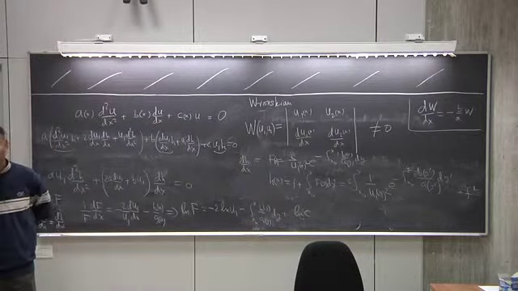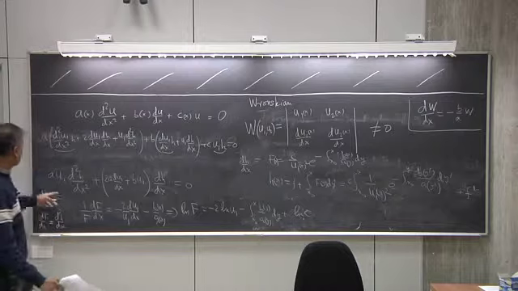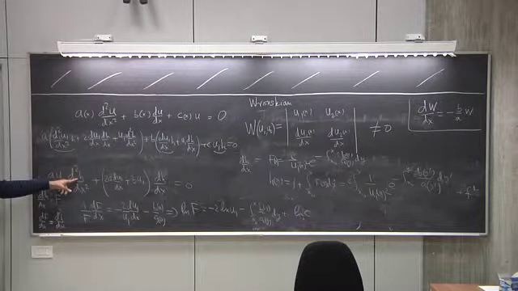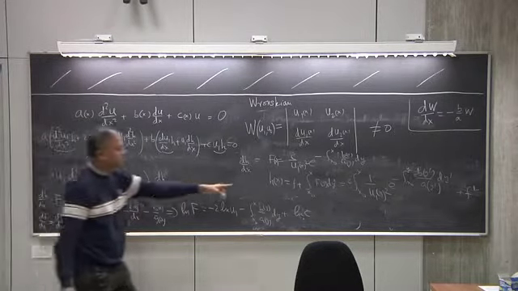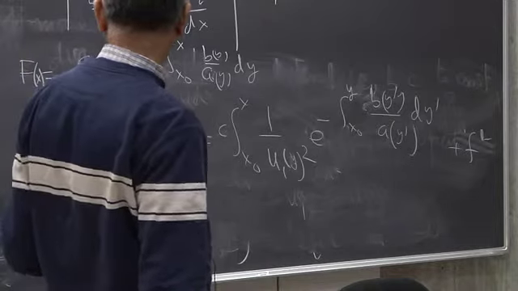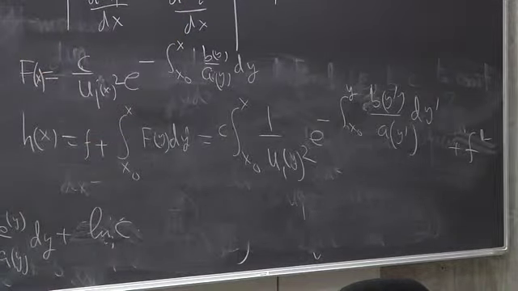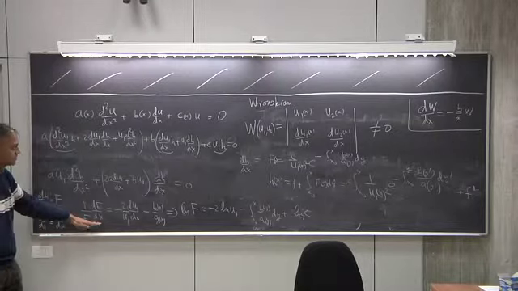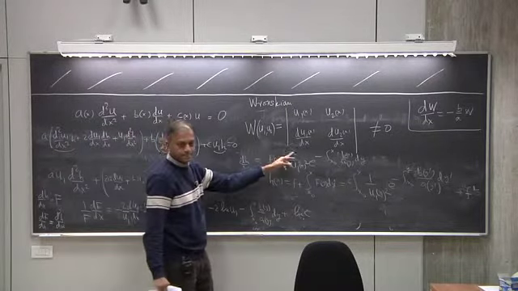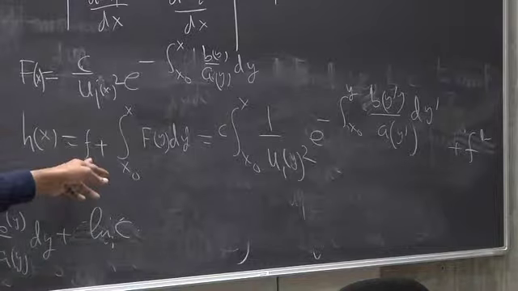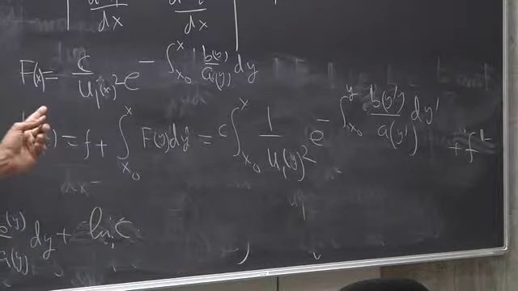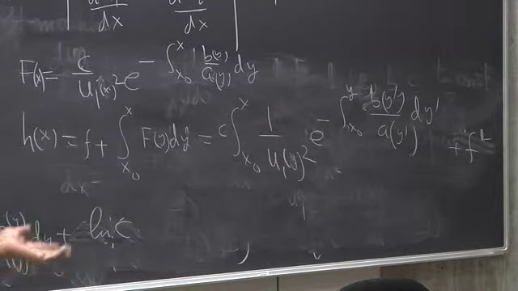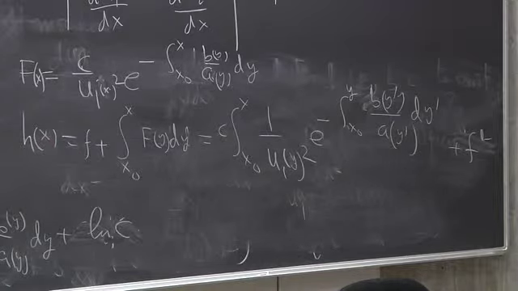As expected, there are two constants, because h satisfies a second order differential equation. There's one constant already from solving the first order differential equation, that is c. And another constant is this f, which comes when we solve another first order differential equation. So the total number of constants must be 2, which is what we are finding.